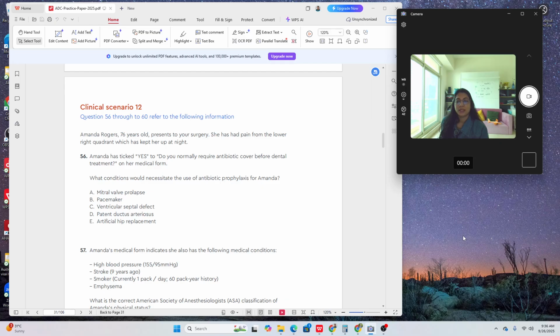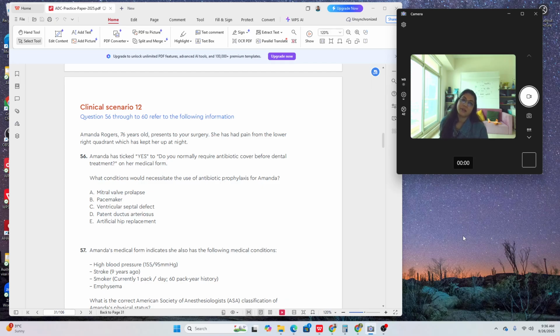Artificial hip replacement could be the answer, but if it's more than 2 years since it's been done, then you don't have to give antibiotic prophylaxis. Since they have not given the timeline, I'm going to assume it's more than 2 years, so that is not my answer. Mitral valve prolapse. Any valvular defect would definitely need antibiotic prophylaxis, but prolapse is not like a defect in the valve types.